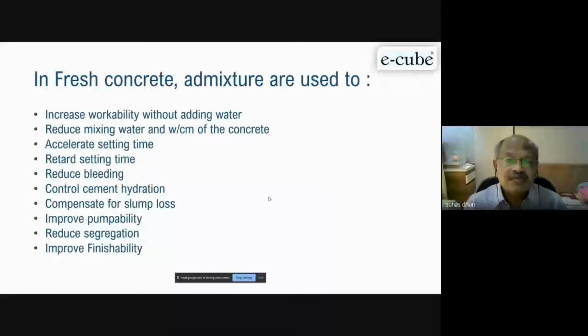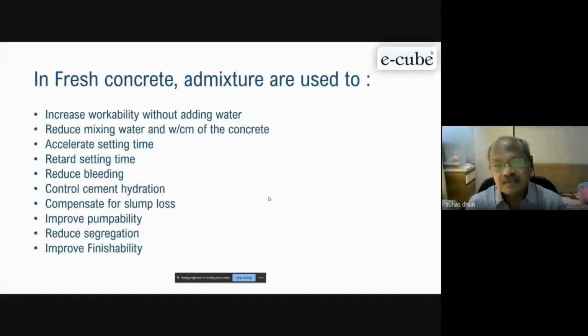That can be utilized very, very effectively in the concrete. Reduce the mixing water, as I said, and reduce the water binder ratio in the cementitious system, which will enhance the strength. And once you reduce the water, your permeability also will be low.